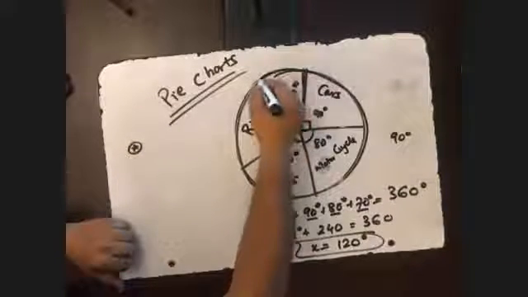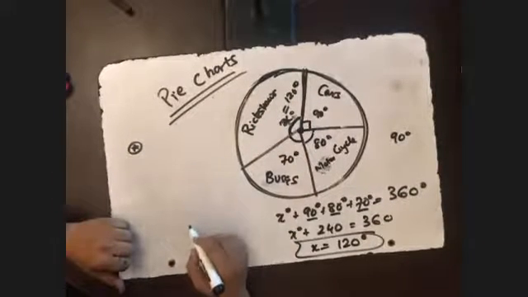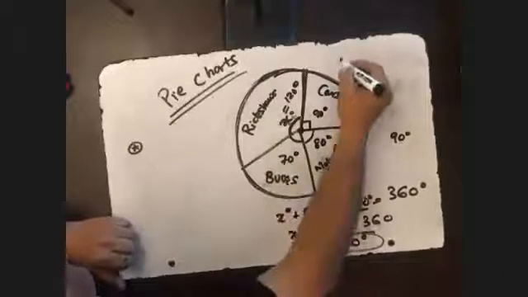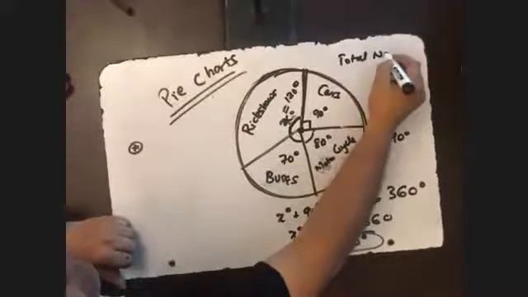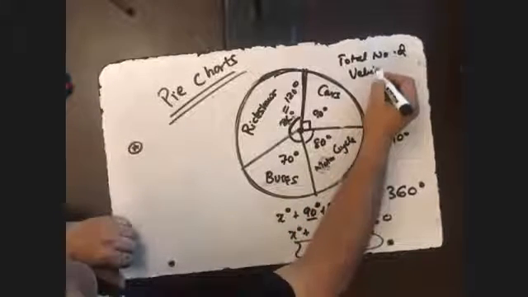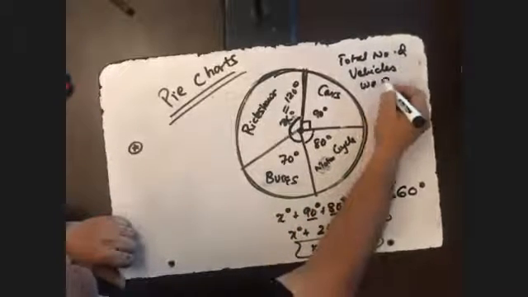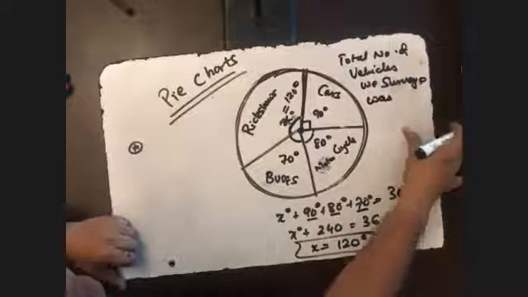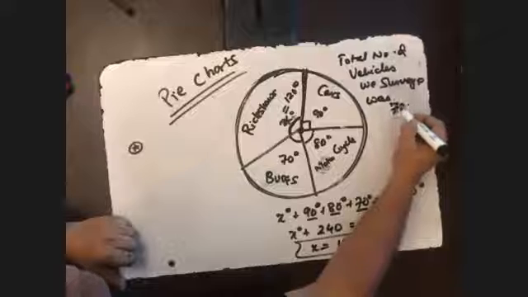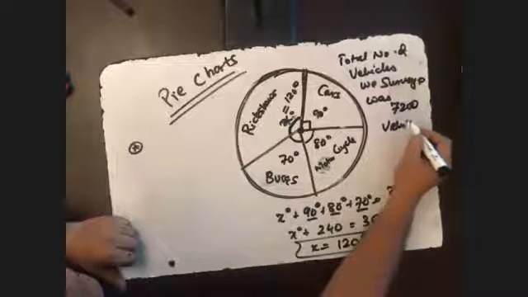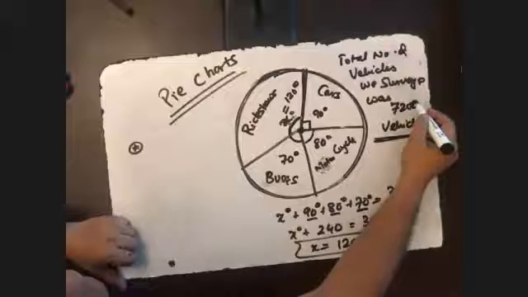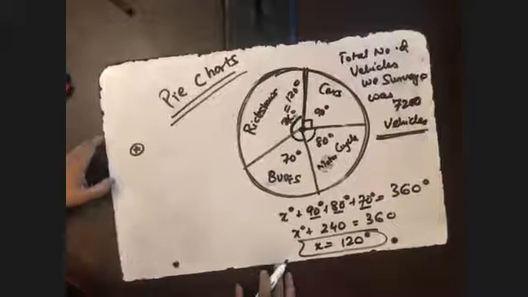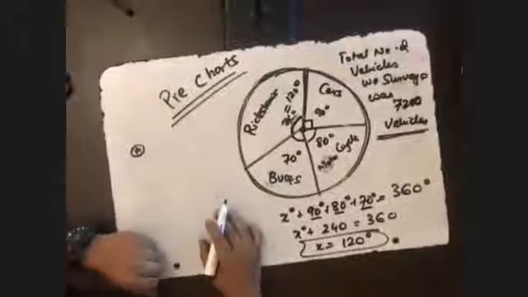The total survey of today, I did a survey and the total number of cars, total number of vehicles we surveyed was 7,200 vehicles. 7,200 vehicles. So now I need to write something down.